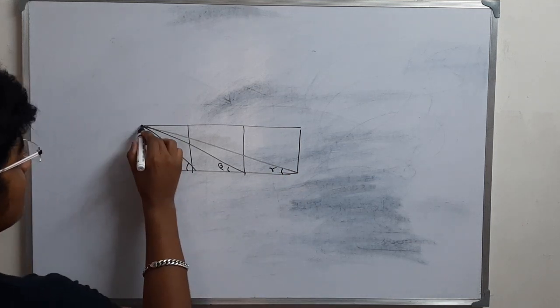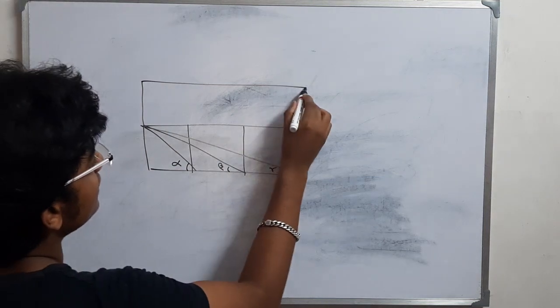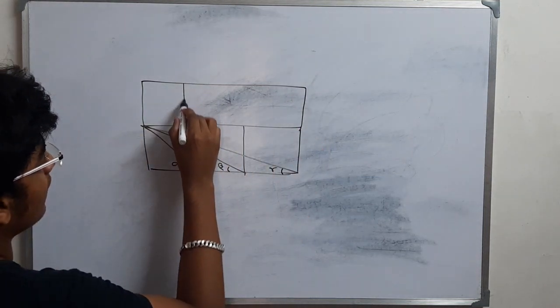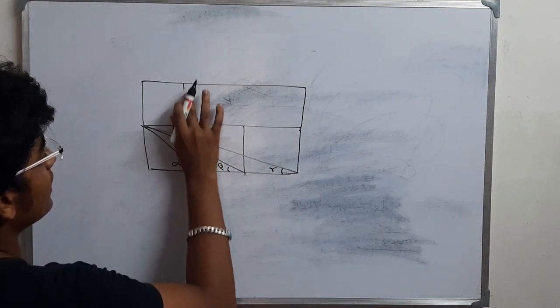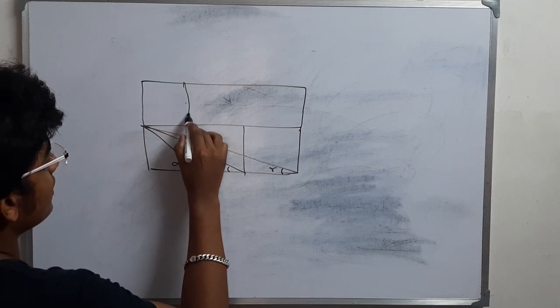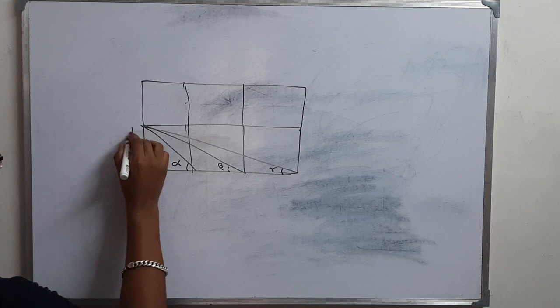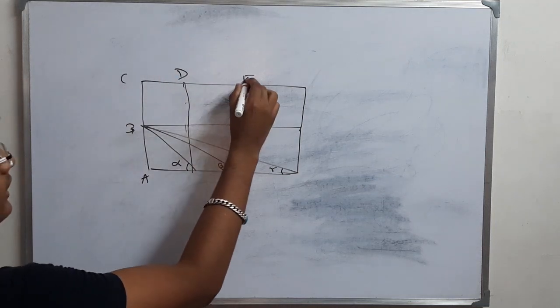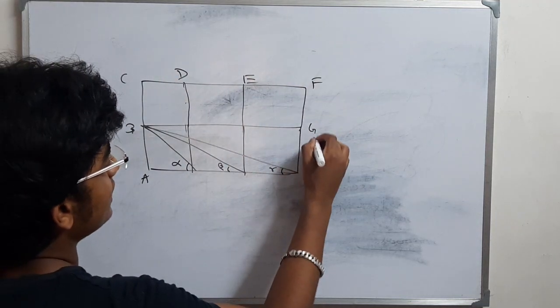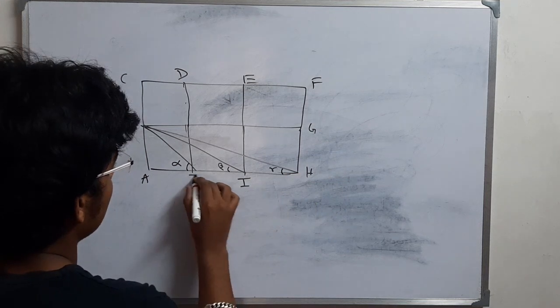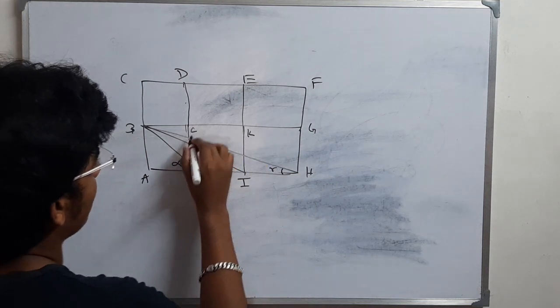What they do is replicate these three squares above it, and then name the points A, B, C, D, E, F, G, H, I, J, K and L.